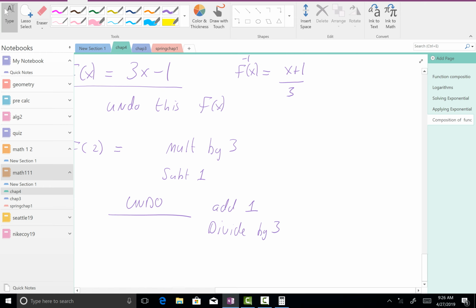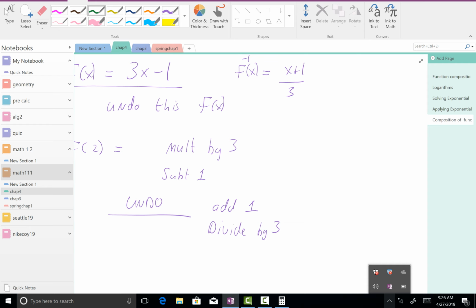Notice that here, you multiplied by 3 first and then subtracted 1. But here, we added 1 and divided by 3. The operations are probably pretty simple for you to see because you're just doing the opposite, even though you're doing an inverse. But notice that the order has changed. Multiply, subtract, versus add and divide.